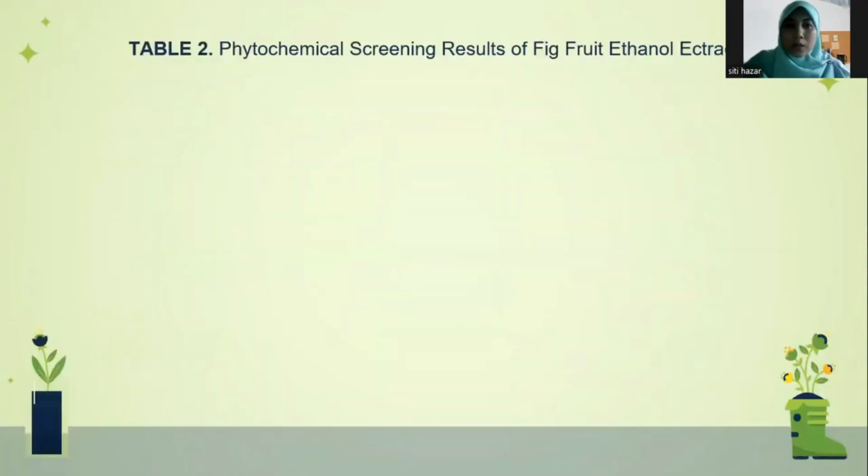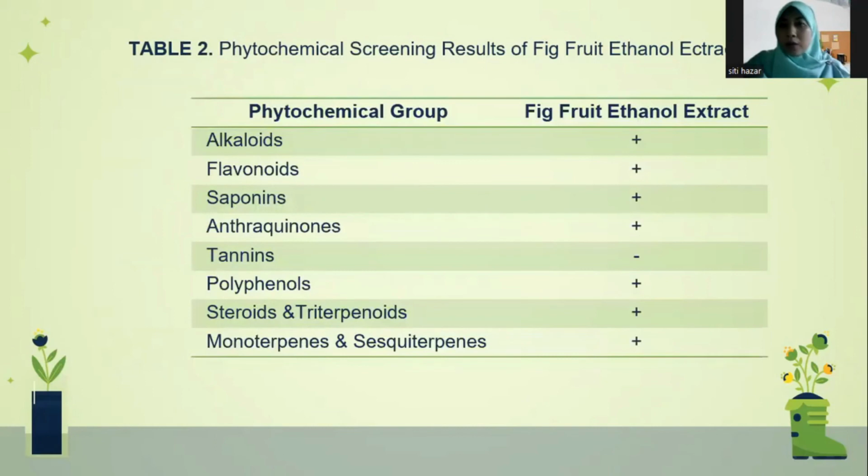Next, table 2 is the result of phytochemical screening of the fig ethanolic extract. We can see that the fig ethanol extract contains several groups of phytochemicals: alkaloids, flavonoids, saponin, anthraquinone, tannins, polyphenol, steroids and triterpenoids, monoterpenes, and sesquiterpenes.